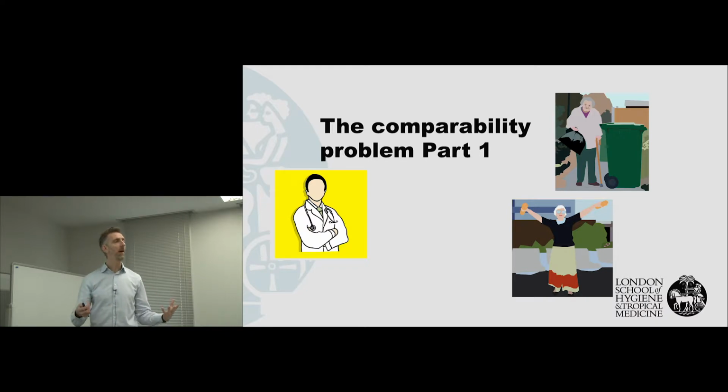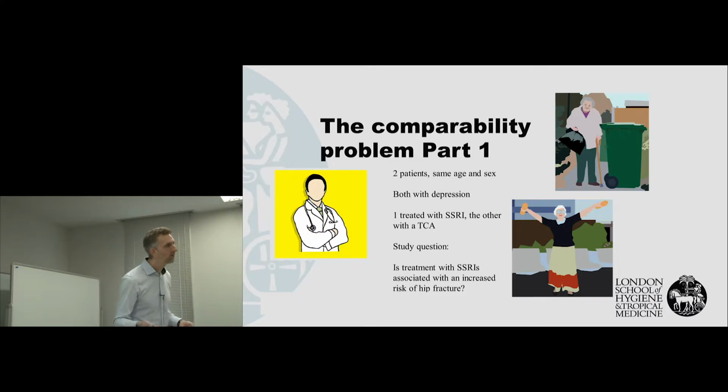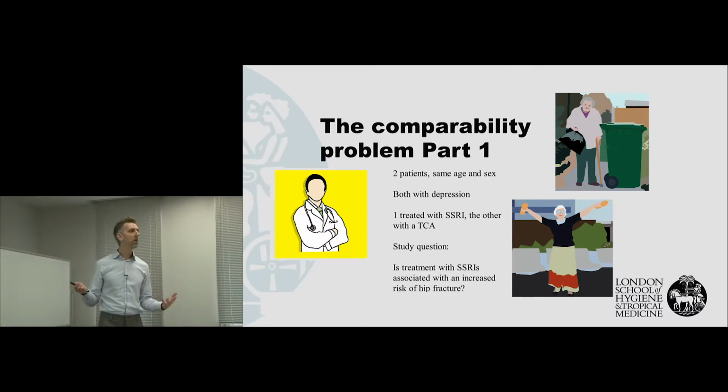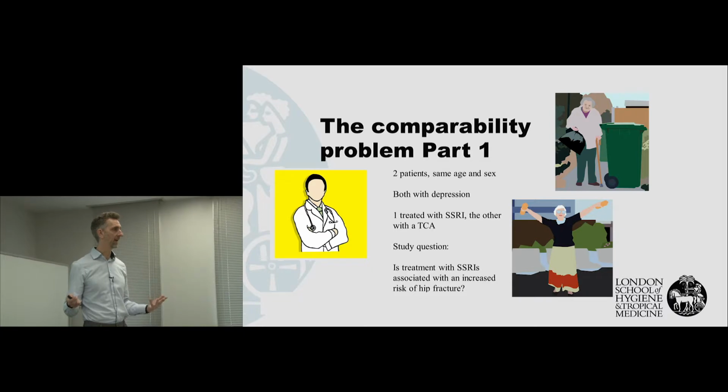I just want us to think about when we approach a study question and we want to make comparisons, and how this might be difficult for us to do. So here I've got a cartoon example where we've got a doctor over here, and he has two patients. They're roughly the same age as each other. They're both women, and they both have depression, let's say.